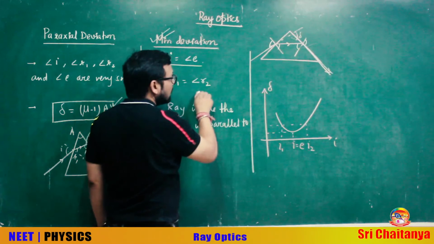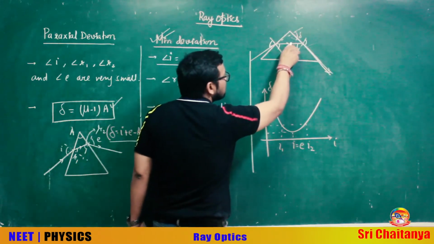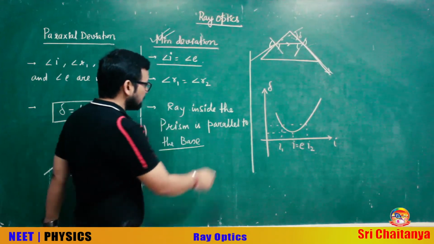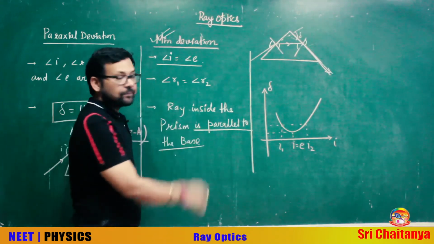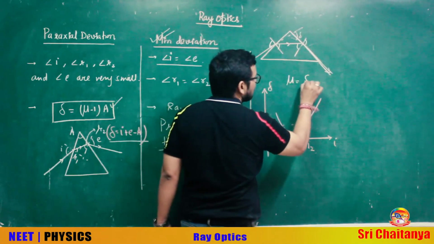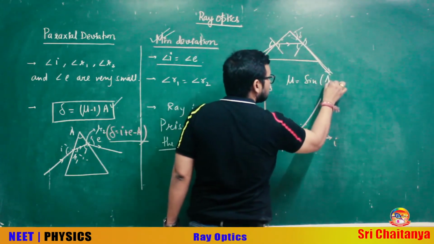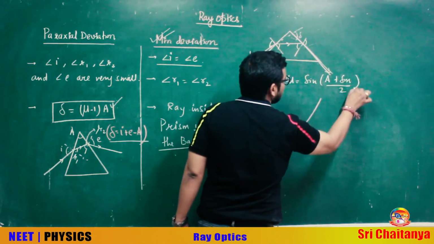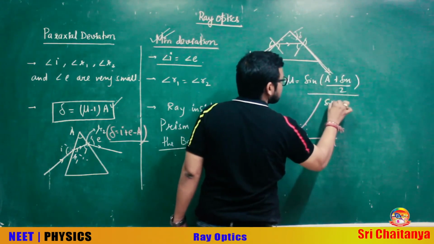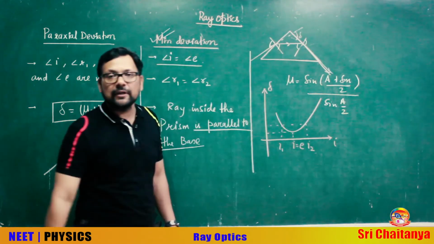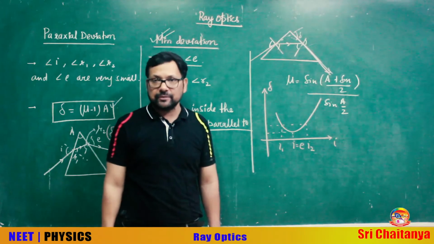And when these are equal, the ray inside the prism is parallel to the base. How to define it numerically? Mu is equal to sine of (A plus minimum deviation) divided by 2, divided by sine of A by 2. This formula we use to calculate the minimum deviation inside the prism.